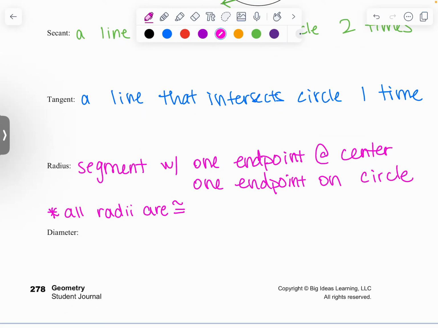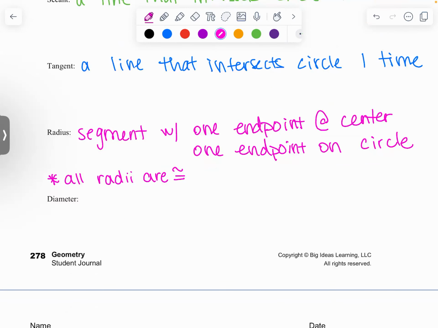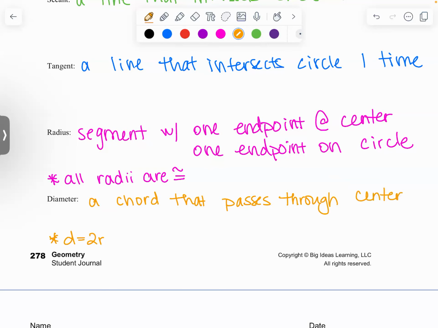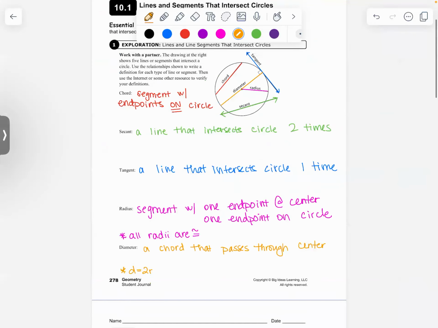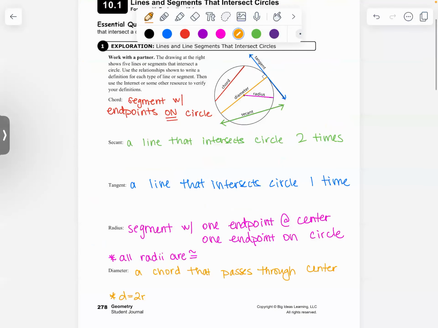Now, the diameter is 2 of the radii put together. Now, I do want to make note that the diameter is a special chord. So when you write this down, I want you to write that it's a chord that passes through the center. Okay, so we know that a chord is a segment with endpoints on our circle.